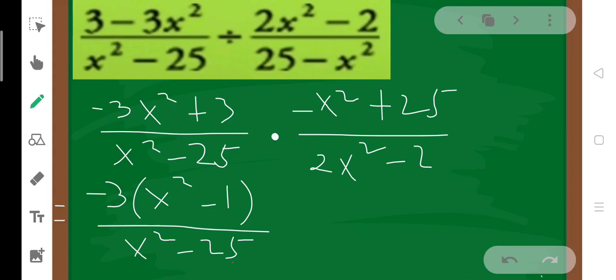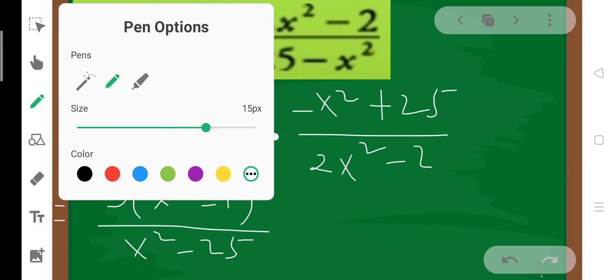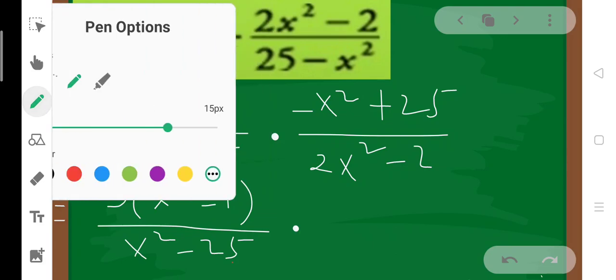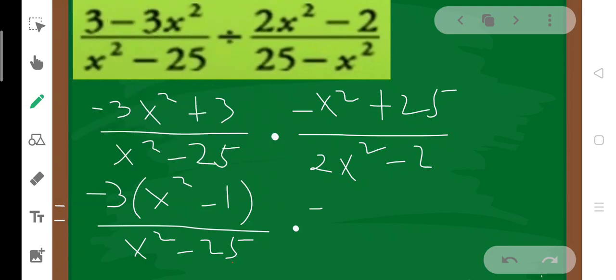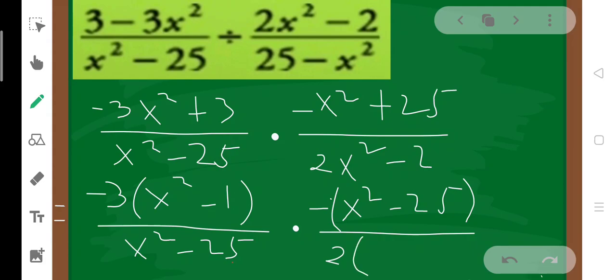But on the other side, the other rational algebraic expression, we have negative 1 as the common monomial factor here. Negative 1, this is the common monomial factor. So the other factor would be x squared minus 25. And then for the denominator, we have 2 as the common monomial factor, and the other factor would be x squared minus 1.